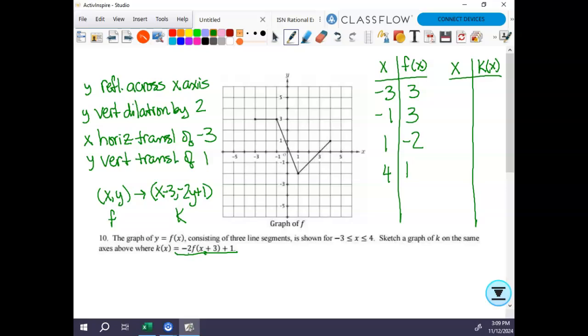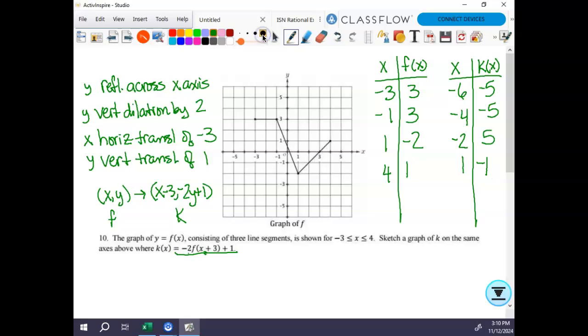So for my x values, I'm subtracting 3 from each one of them, so that's -6, -4, -2, and 1. For my y values, I'm multiplying by a -2 and adding 1, so this would be -6, which makes it -5. Multiply by a -2, get a +4 plus 1 is 5. -2 plus 1 will be -1.